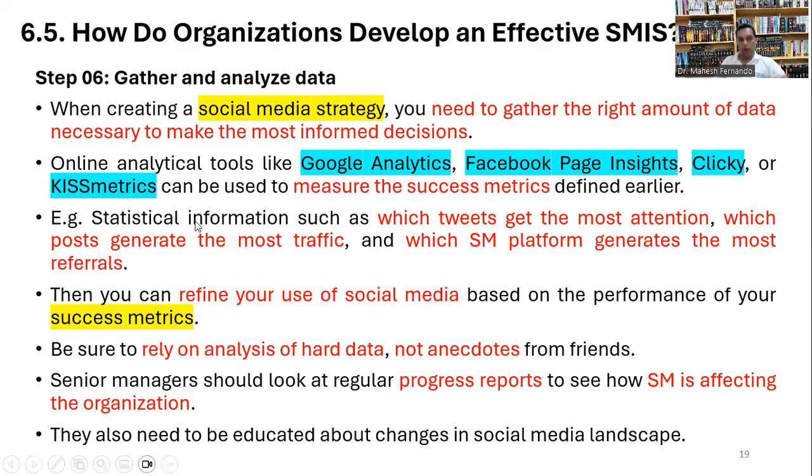Examples could be statistical information such as which tweets get the most attention, which posts generate the most traffic, and which social media platform generates the most referrals, which you can use to analyze and make decisions.